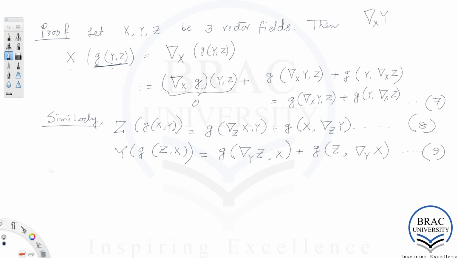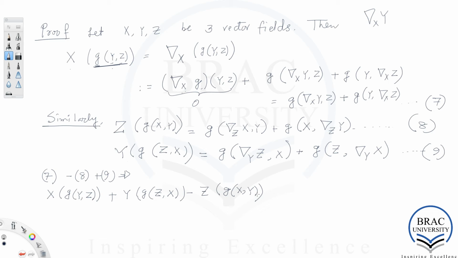Okay, now 7 minus 8 plus 9 will give us the following. x(g(y, z)) plus y(g(z, x)) minus z(g(x, y)).